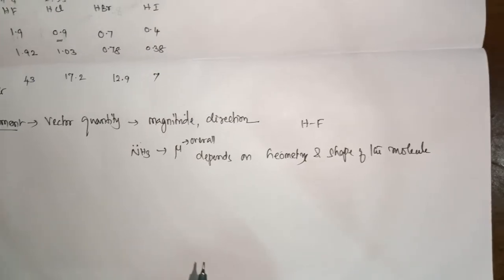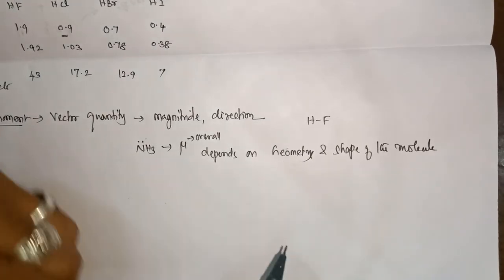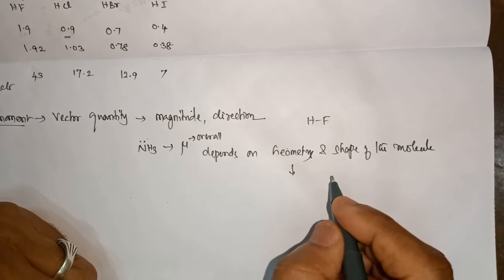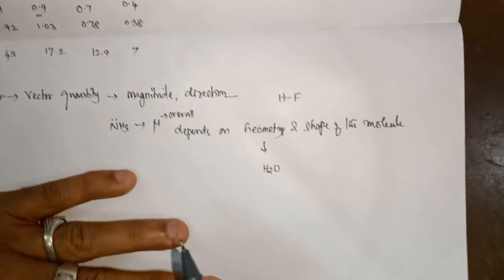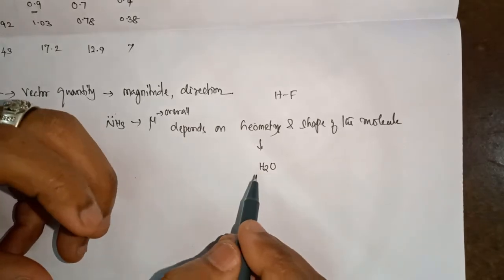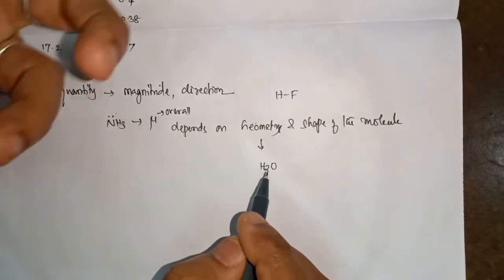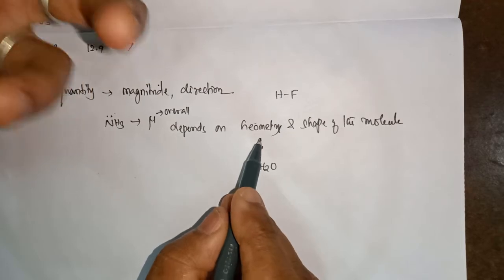What is the difference between geometry and shape? Suppose I take ammonia, and I take water. What is the geometry regarding this?